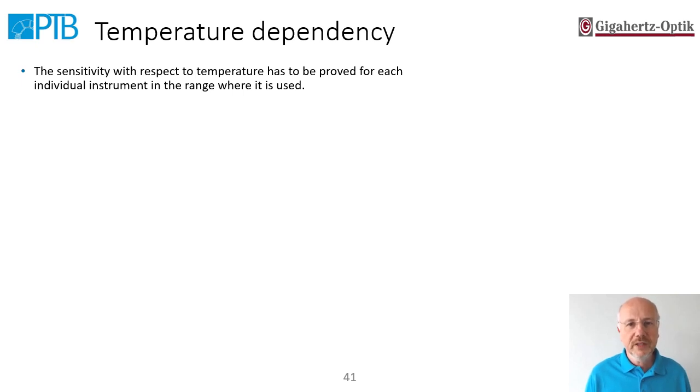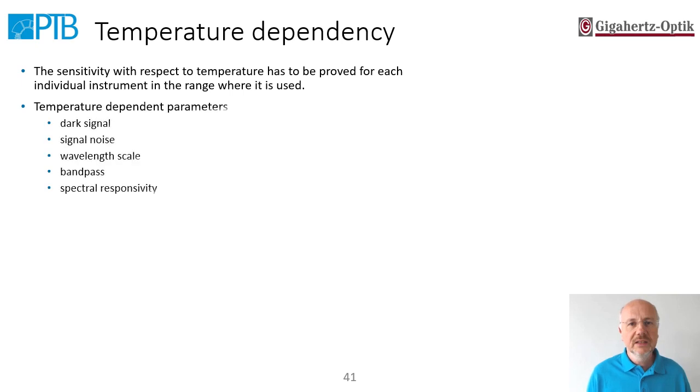Changes in the ambient temperature can also have a huge effect on the measurement results. Therefore, you should characterize the temperature dependency of your instrument and keep in mind that many parameters can be influenced by temperature changes. For example, the dark signal, the signal noise, the wavelength scale, the bandpass, or the spectral responsivity.